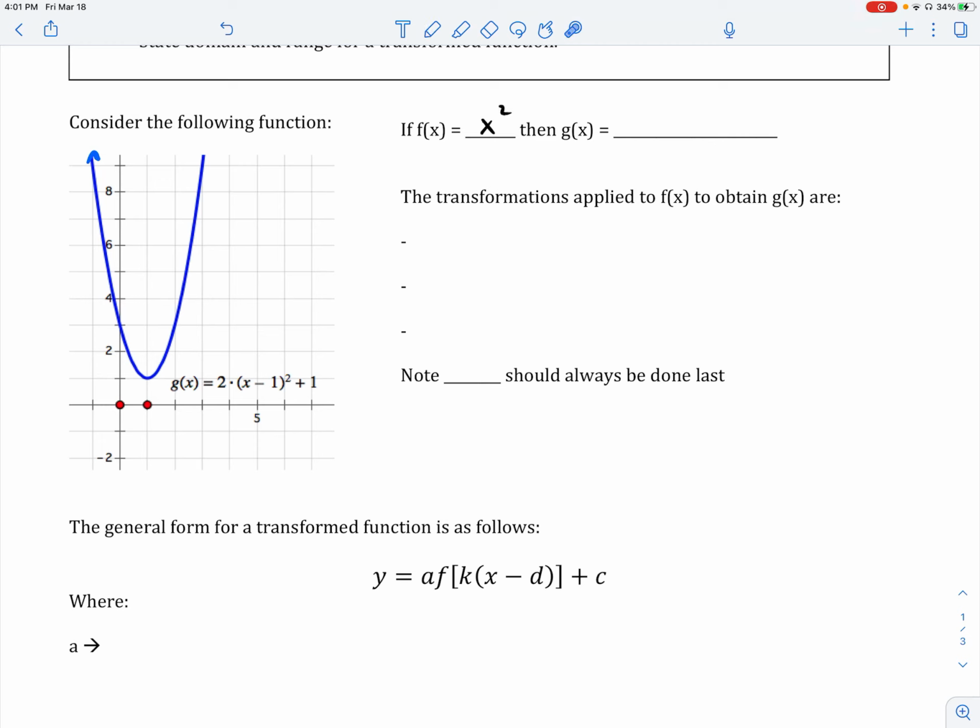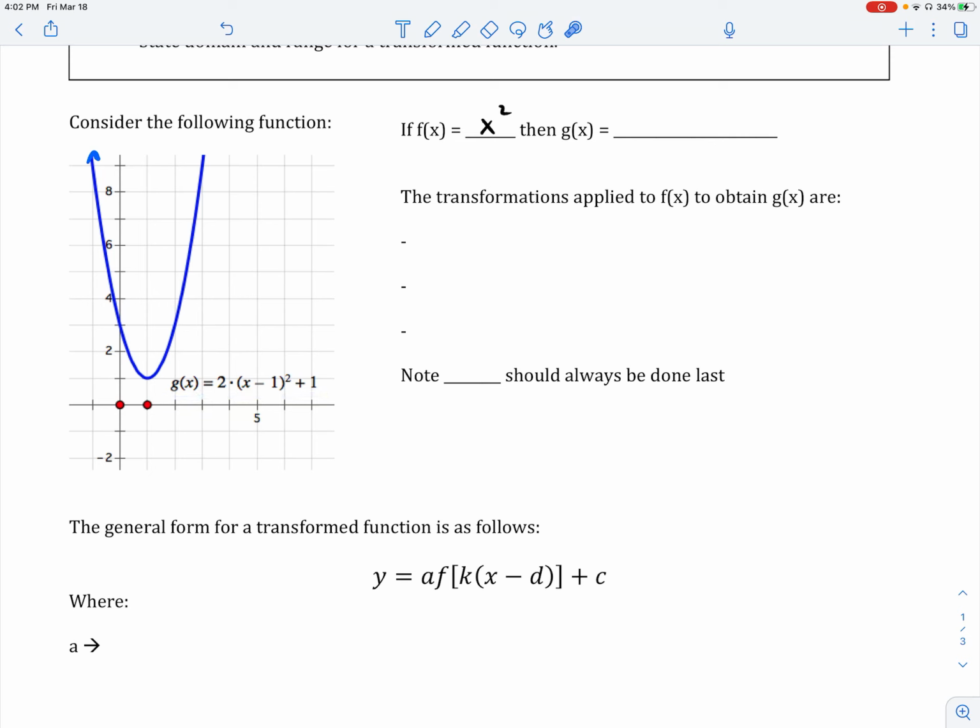So by applying transformations to f of x, we can obtain this function right here, g of x. So I'm going to go ahead and write that out. I'm going to describe g of x as a bunch of transformations that happen to f of x. When I do that, that function will actually represent this equation here.